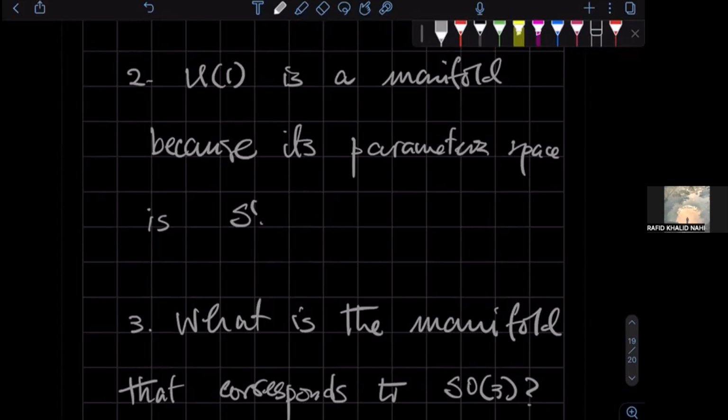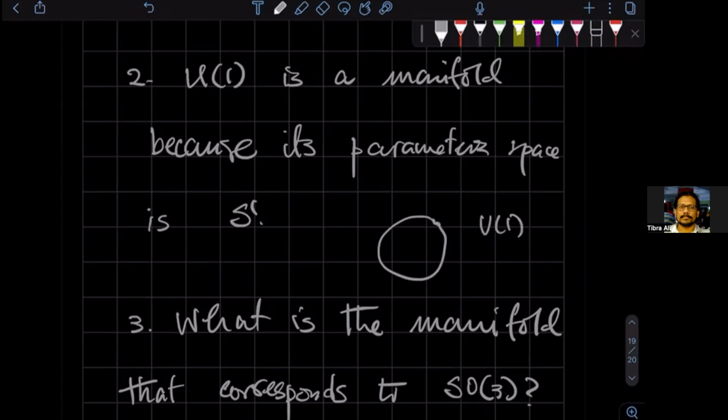Sir, how is the parameter space S1? Isn't it like the space from the interval 0 to 2 pi? Yeah, I mean a segment of the real line. But we are identifying 0 and 2 pi for U1. Oh, okay.